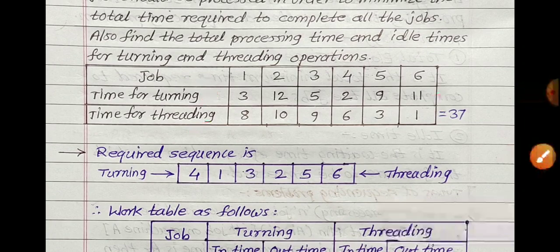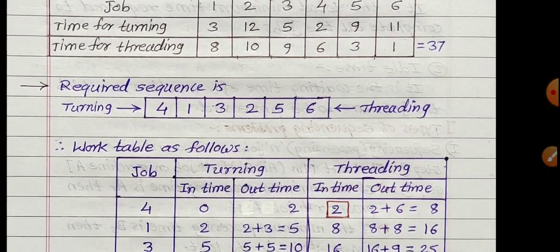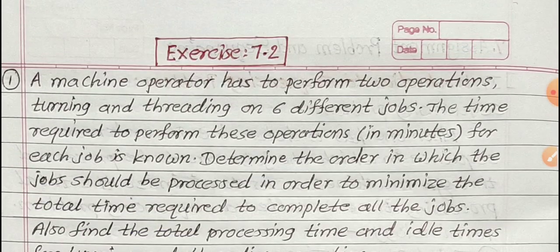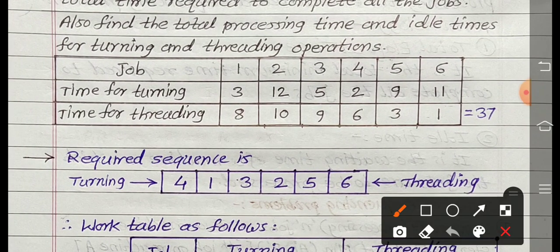Next, how to find the sequence? How to solve this type of question? First of all, how many jobs are here? 6 jobs. Now, in the turning and threading machines, which is the minimum time? Check there. 1 is the minimum time in both machines.